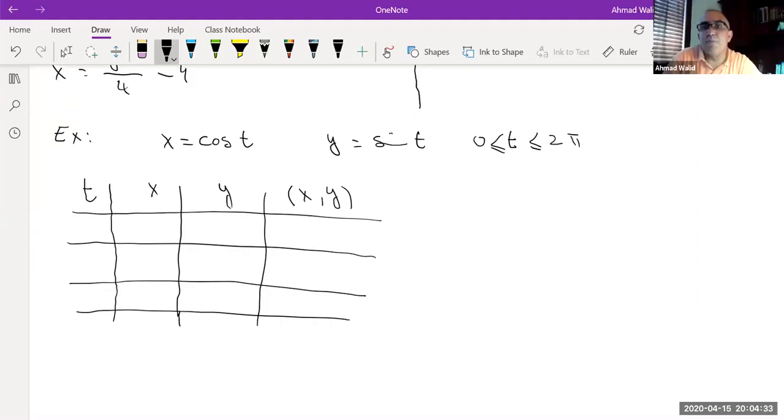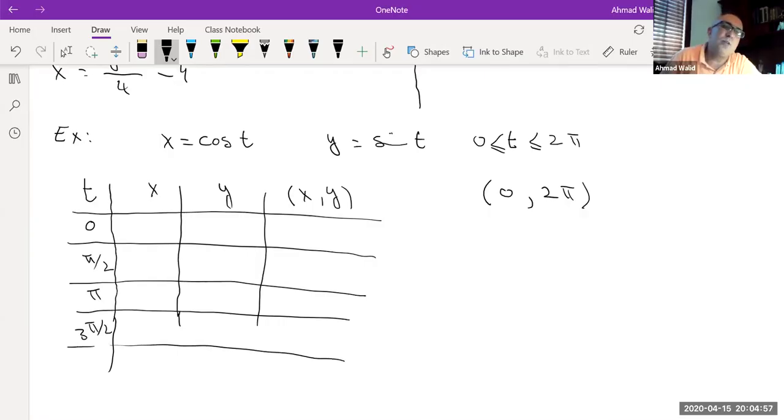You start from 0, because your domain is from 0 to where? To 2 pi. What is next point? The easy points. For example, 0, then pi over 2, then pi, then 3 pi over 2, and maybe one more, 2 pi.